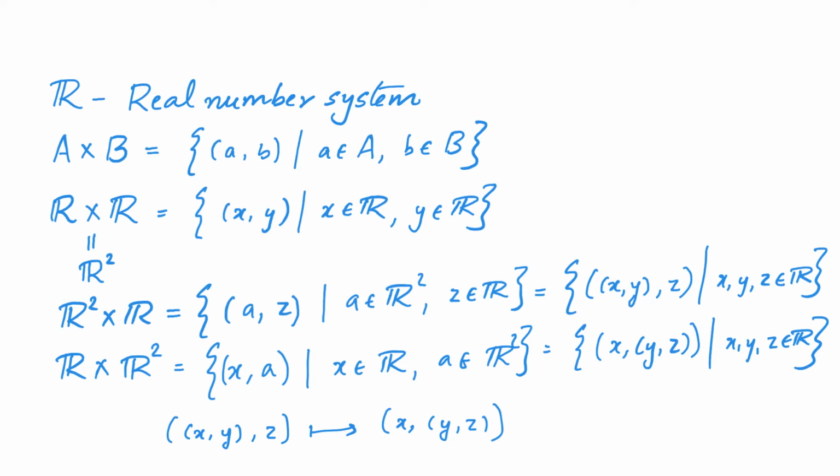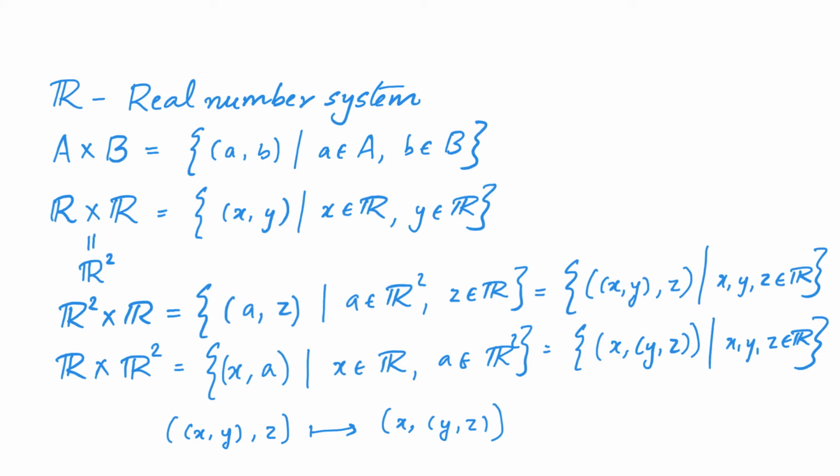In addition, once you learn continuity on these spaces, you will be able to easily prove that this map and its inverse are both continuous. Similarly, this map and its inverse are both differentiable. And in this sense, we want to say that R2 cross R is the same as R cross R2.